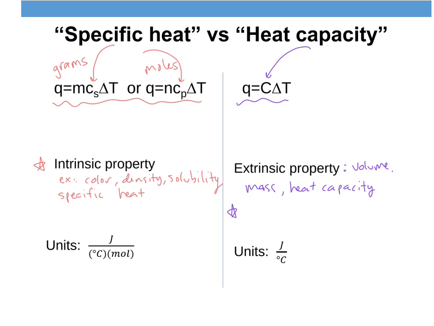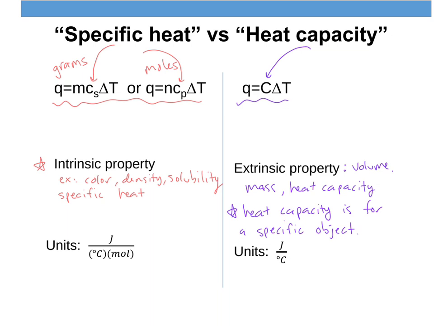So you might have a heat capacity for a gold ring, for example, like maybe your wedding ring. You're going to have a heat capacity for that specific gold ring.